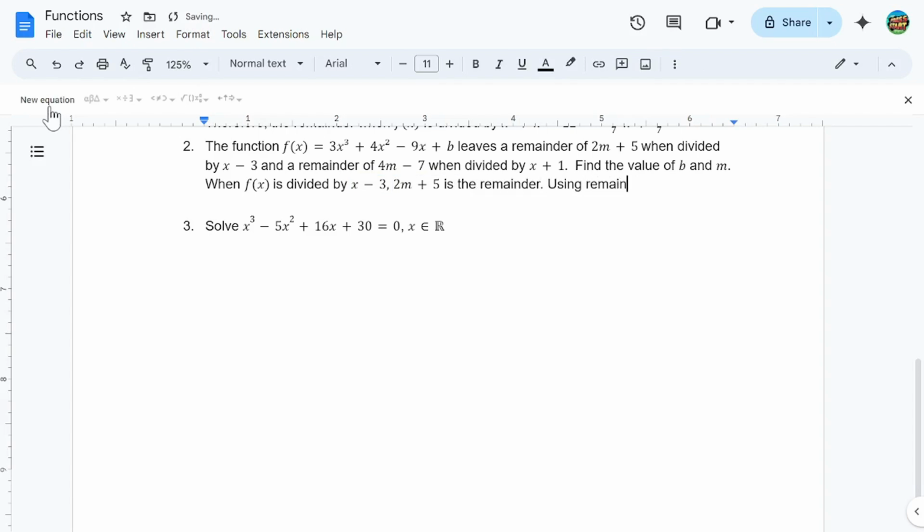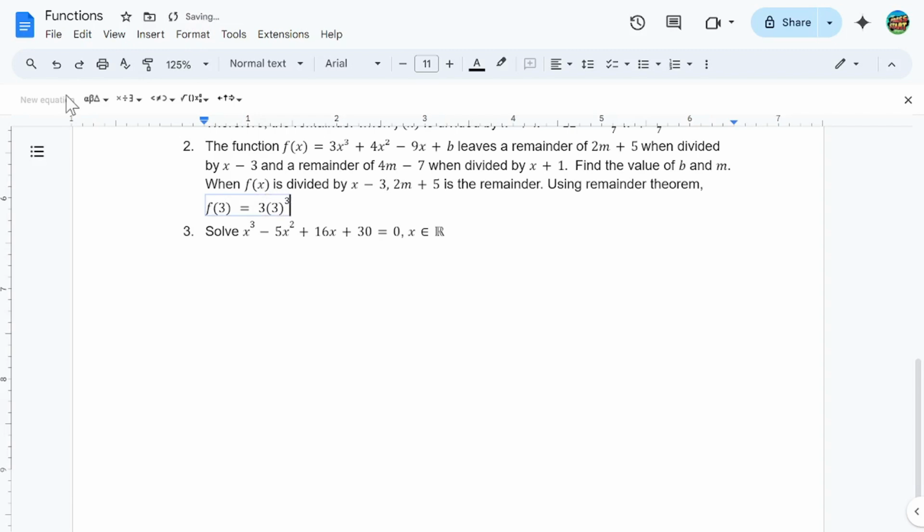Using remainder theorem, function f of 3 equals 3 times 3 cubed plus 4 times 3 squared minus 9 times 3 plus b.